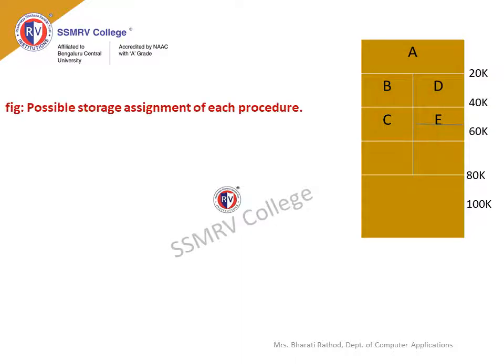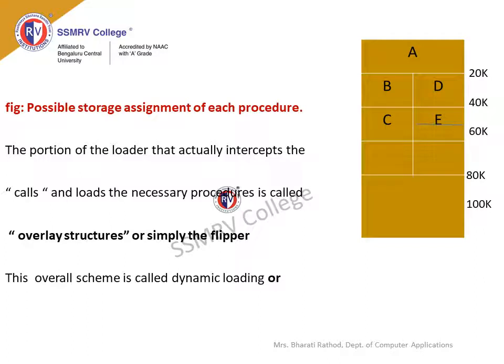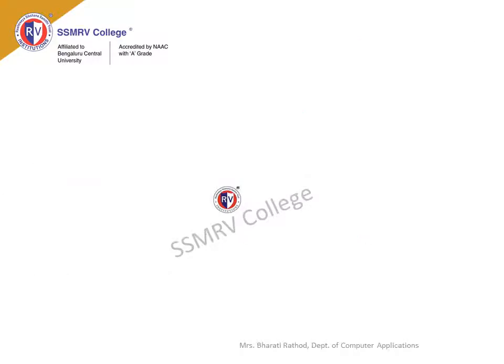Consider the figure showing a possible storage assignment of each procedure. The portion of the loader that actually intercepts the calls and loads the necessary procedures is called the overlay supervisor, or simply the flipper. The overall scheme is known as dynamic loading, or load on call.